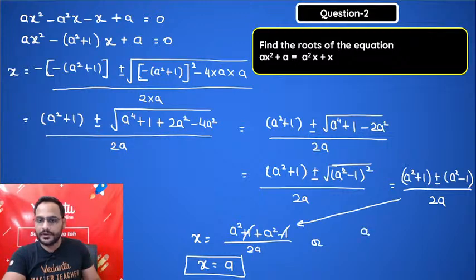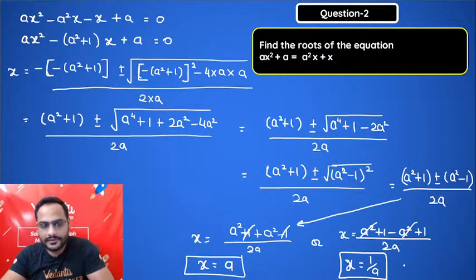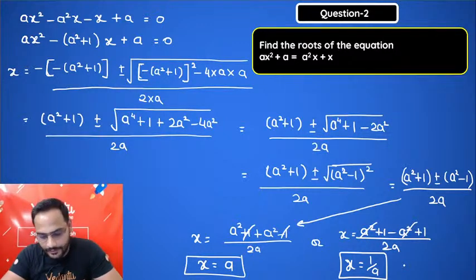Or here x is equal to a square plus 1 minus a square minus 1, negative negative positive plus 1 divided by 2a. This time a square got cancelled, 2 upon 2a, x will be equal to 1 upon a. Alright, ठीक है बच्चों. So we will be getting the values of x as either a or 1 upon a.